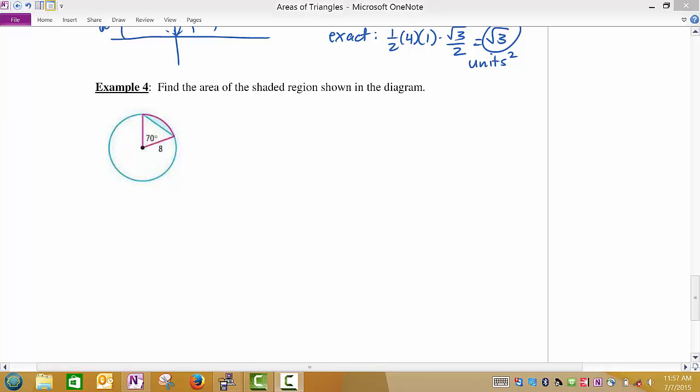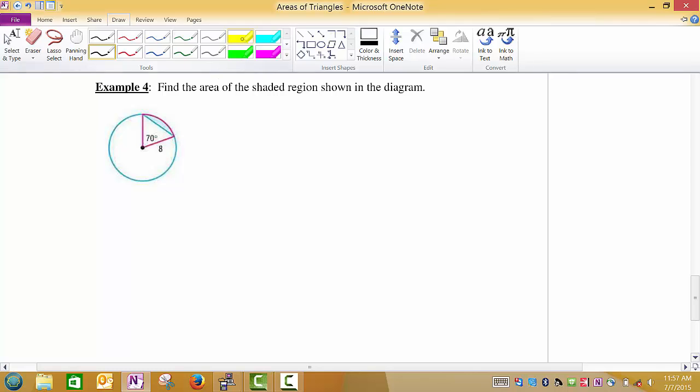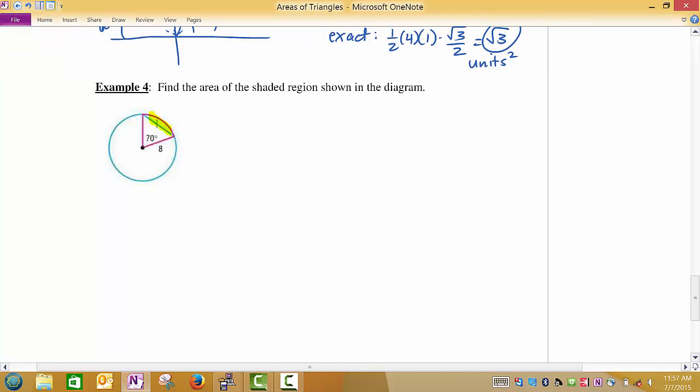In example 4, here we're asked to find the area of the shaded region, which here is a little bit tricky to see, but it's this part right here that's outside of the triangle but inside the circular sector. So we want to be thinking sector area minus triangle area.